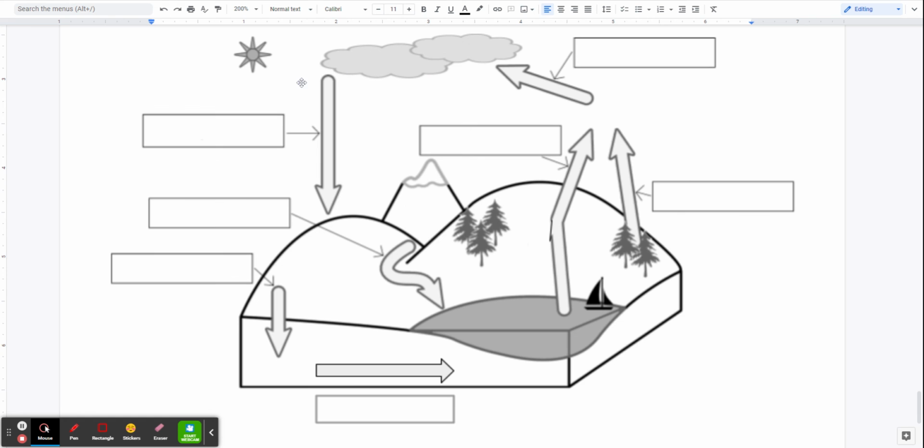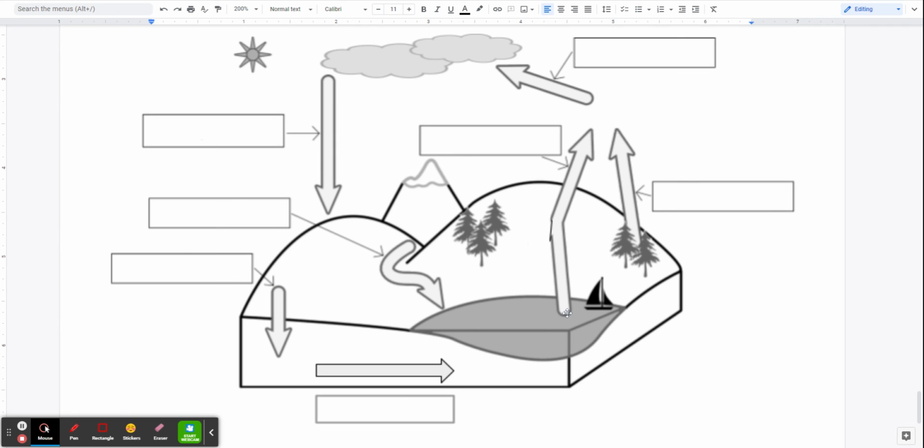This arrow is going from the cloud to the land. This arrow is moving down the land, or the surface. I guess this you can also call the surface. This arrow is going from the surface to underground.